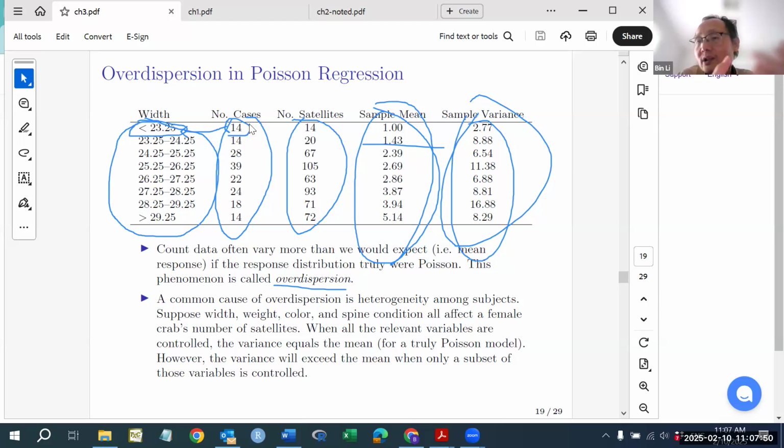If we add all the relevant variables into the model, then assuming the Poisson model is a good model, the sample mean and variance will be very close. So the common cause for over-dispersion is the heterogeneity among the subjects, because we didn't include other relevant variables in the model.